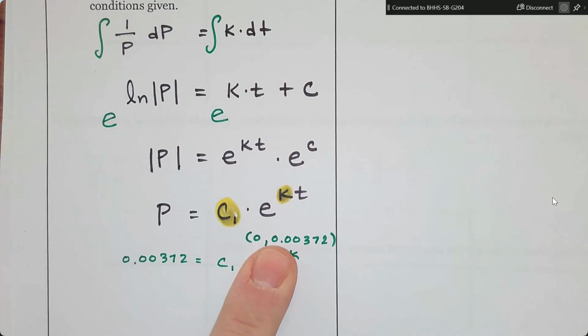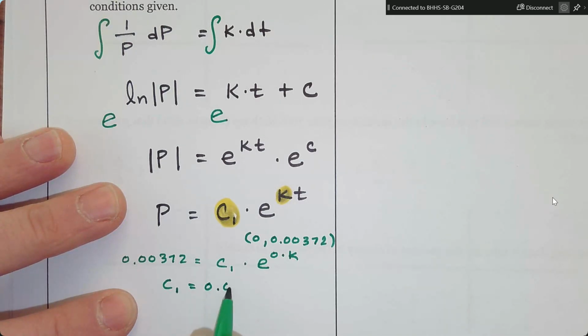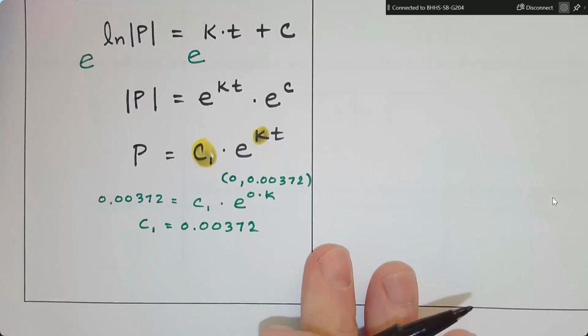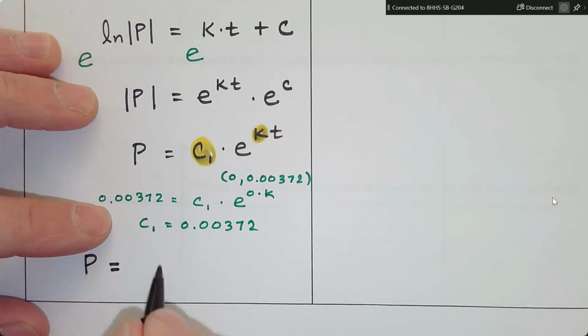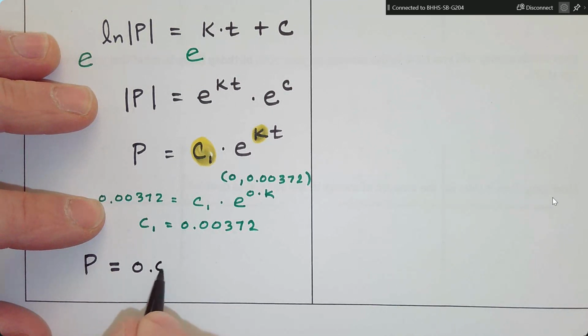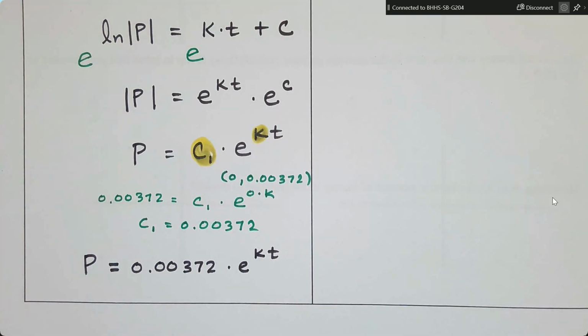So you know that your C1 is this value. So the poison is equal to this.